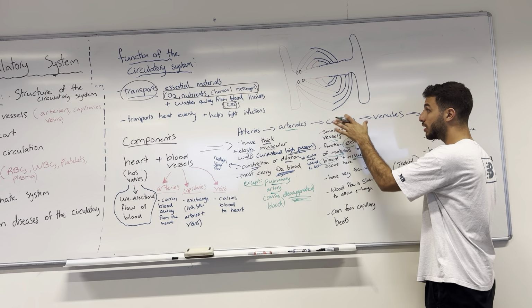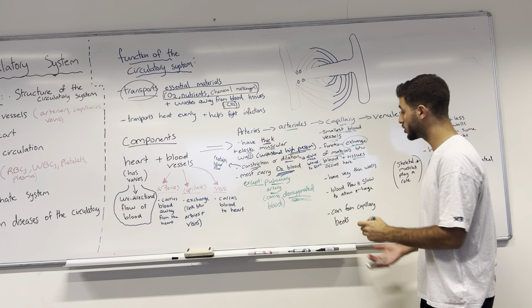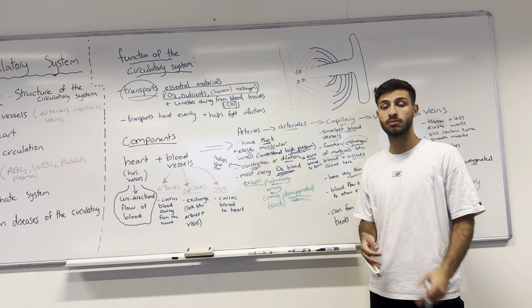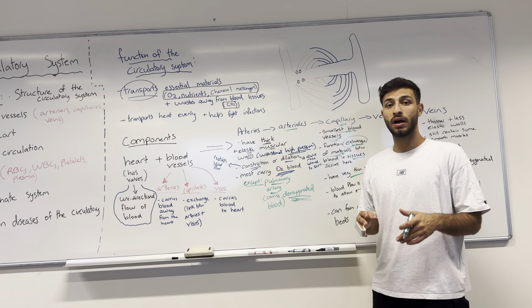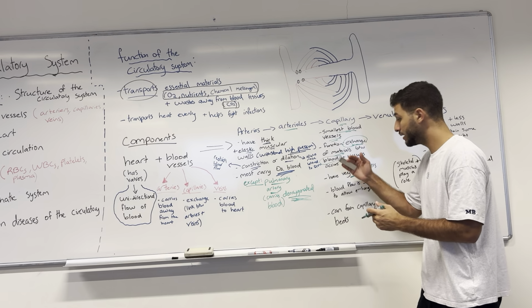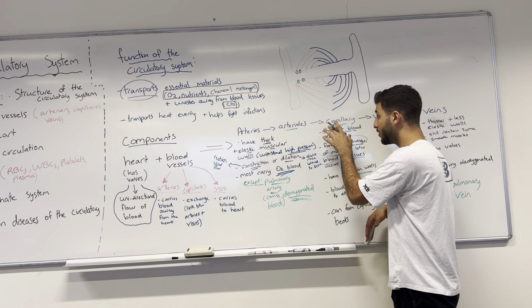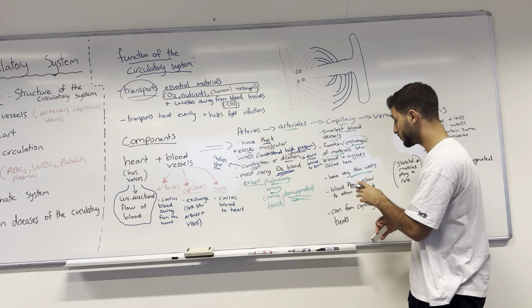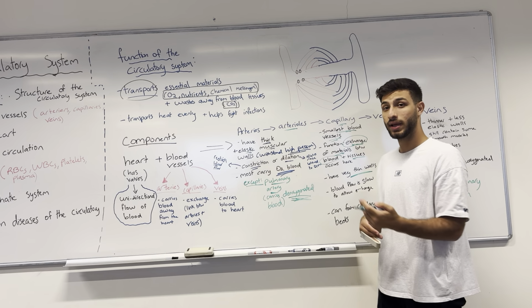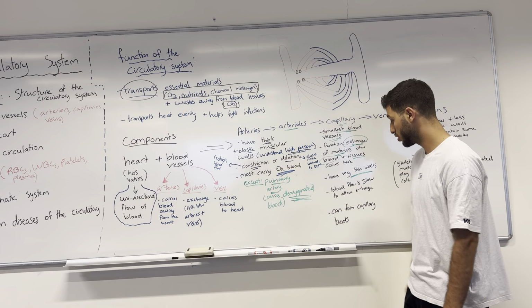A characteristic of capillaries that allows them to have this function of exchange is that they have very thin walls. And as we saw in the respiratory system, in the alveoli we have gas exchange, and the alveoli also have thin walls to reduce the distance needed for gases to diffuse through. Here it is the same concept. So capillaries have a very thin wall, about one cell thick, allowing the nutrients and materials to diffuse faster, okay?